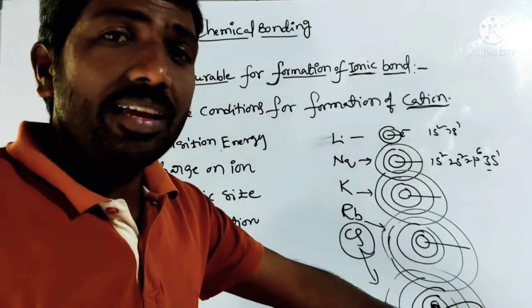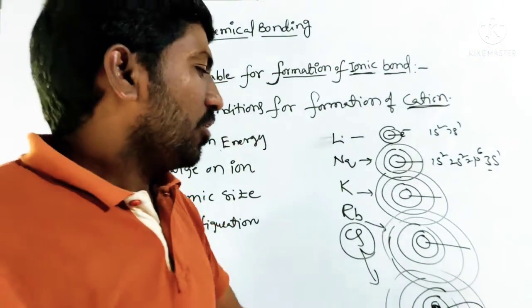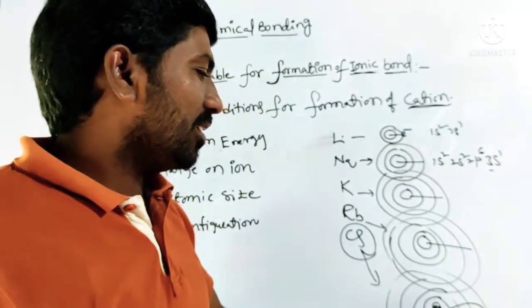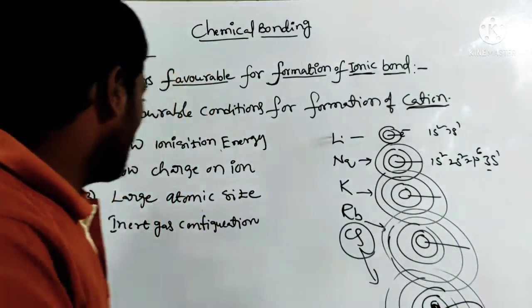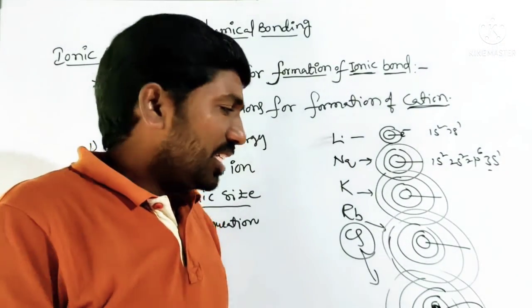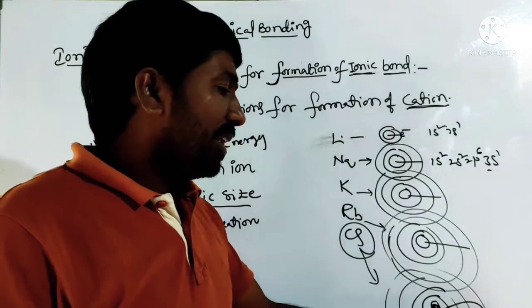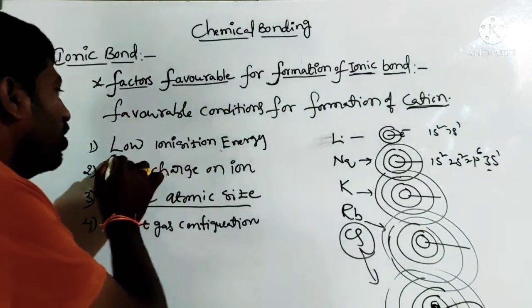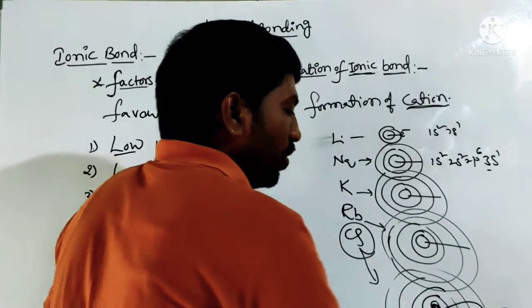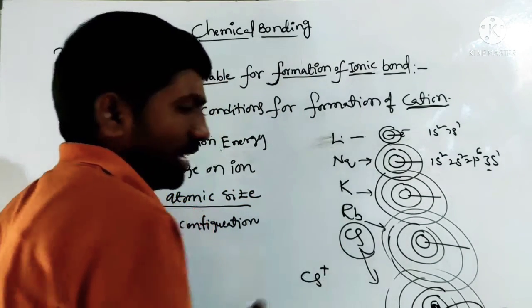It is a large atom. So we can apply low ionization energy, and it will remove the electron with less energy.